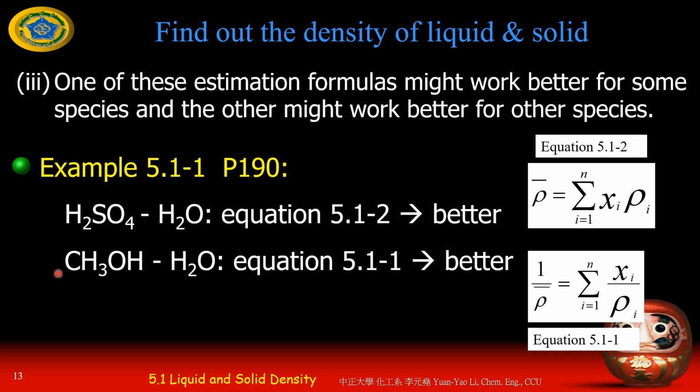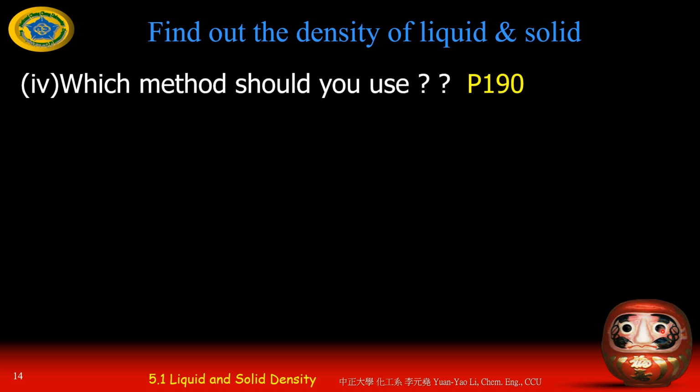But if you use a mixture of CH3OH with water, what is this? Methanol, right? Then 5.1-1 is better to represent the density. Are there any rules we can follow? Yes, only one simple rule.